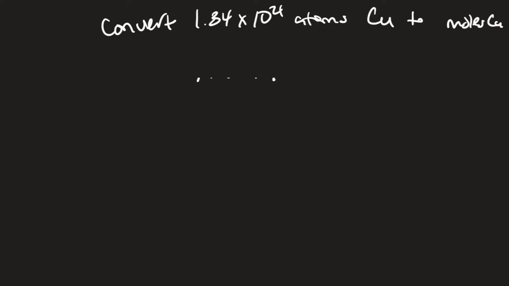The two units that we're dealing with are atoms of copper to moles of copper. All right, and so that's what we want to do. So we're going atoms of Cu to moles of Cu. So what equivalence statement basically expresses the relationship between atoms of copper and moles of copper?